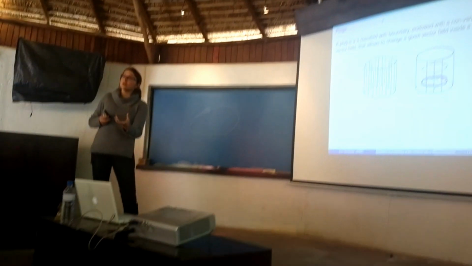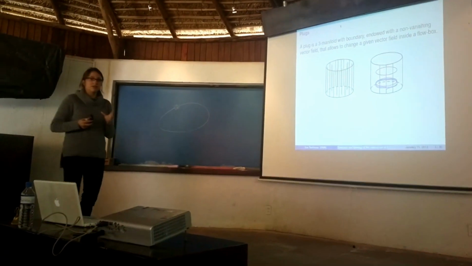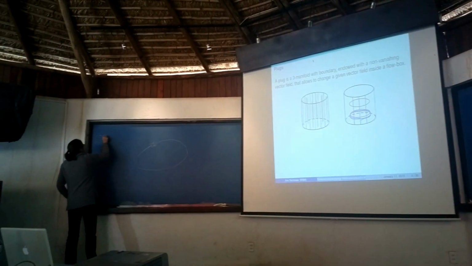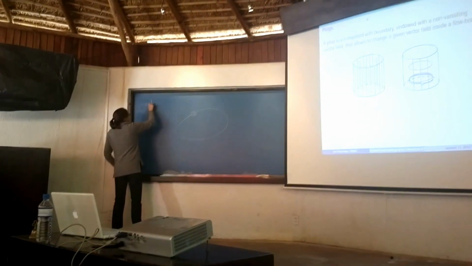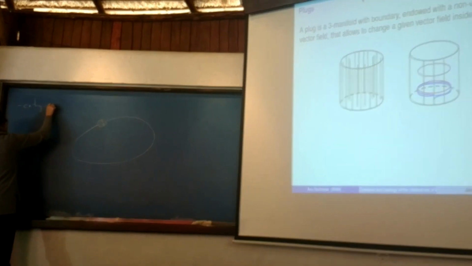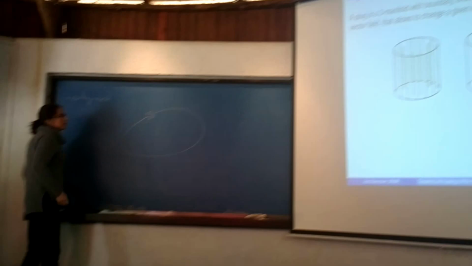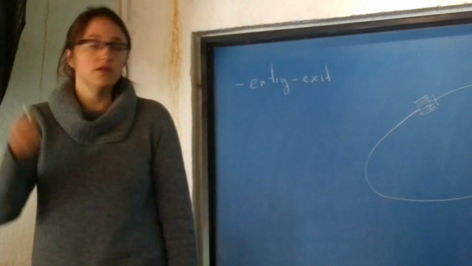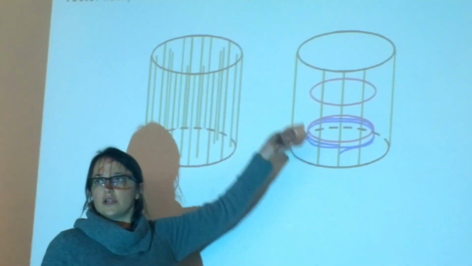And the other thing you want is the entry-exit condition. And this is a very important condition. So let me tell you what it is. You want to be able to control the orbits that go through. So if an orbit comes in, well, if it's near the boundary, I know it's vertical.